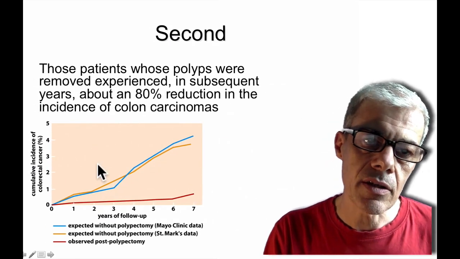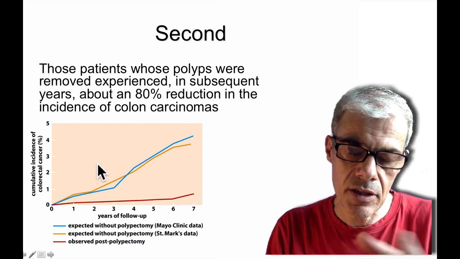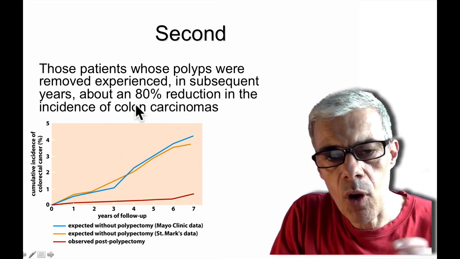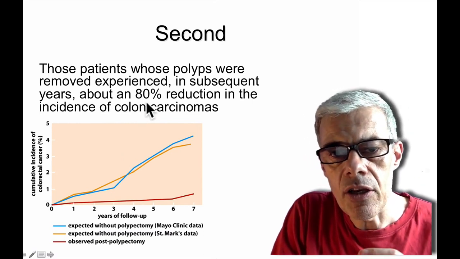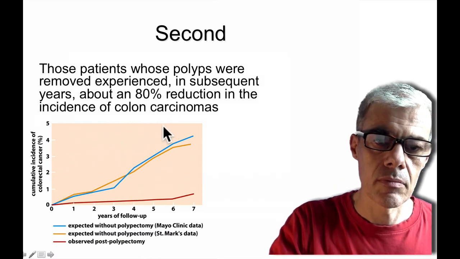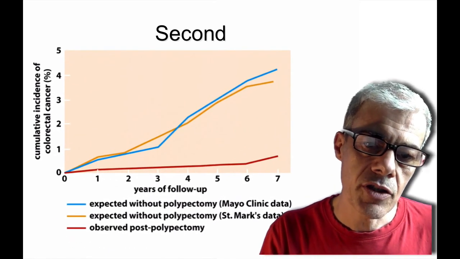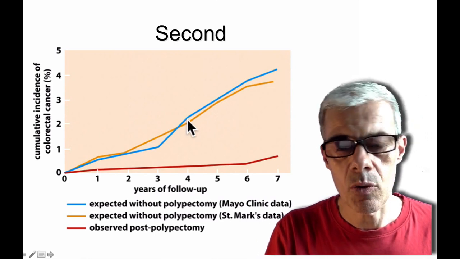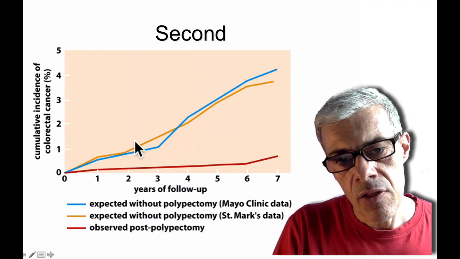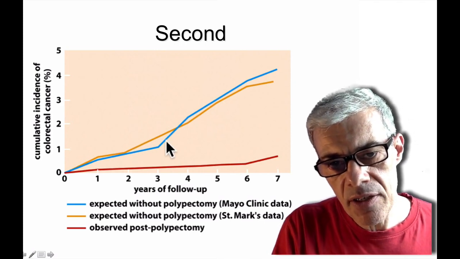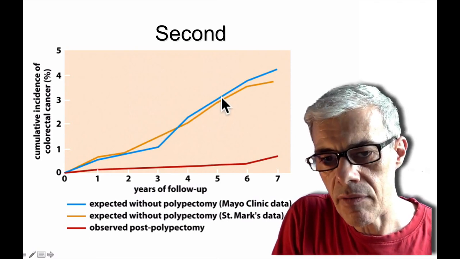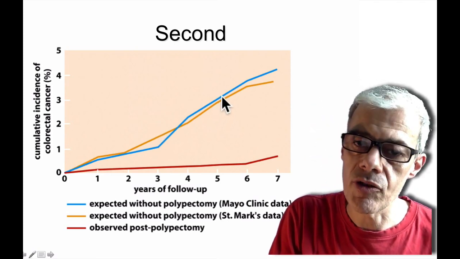Another piece of evidence that suggests it's a succession of phenotypes is that if you remove the polyps from the patient, then you reduce the risk of cancer by about 80%. As shown here, patients who haven't undergone a polypectomy can have polyps in their colon, and they have a higher rate of cancer, indicating that the polyps are migrating to cancer.